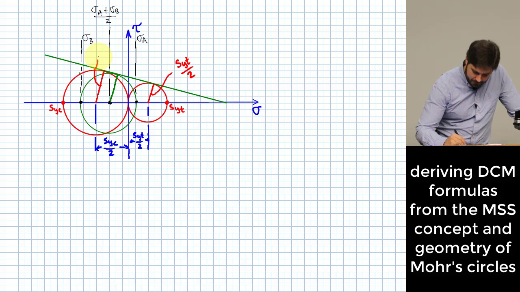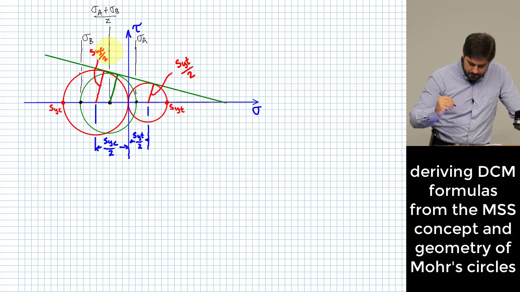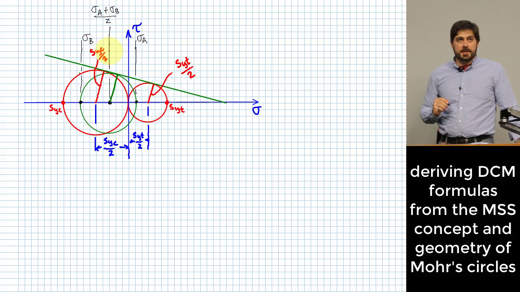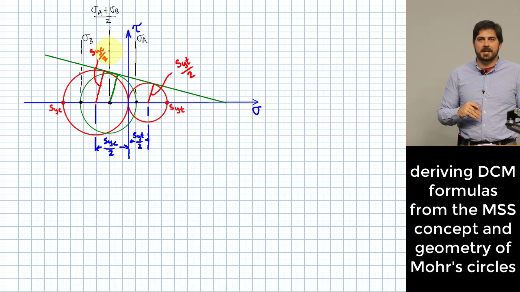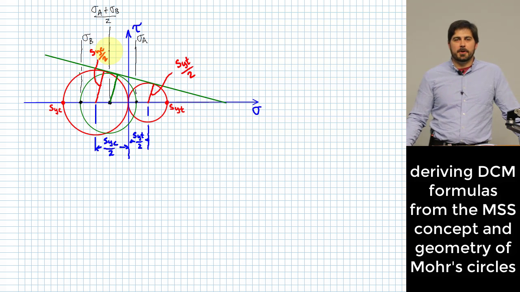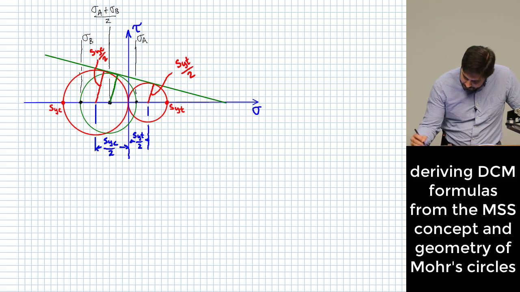S sub yc over 2. This figure is going to get pretty messy, all right? I think I can get it all on there and have it still make some sense, but there's a lot of stuff I want to mark on here. All right, what about the radius of the green circle?